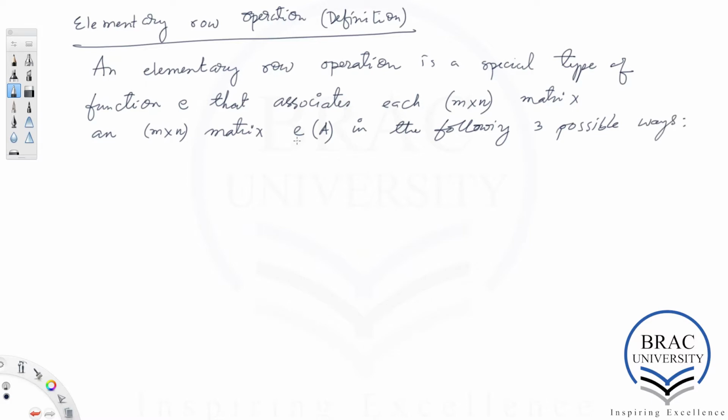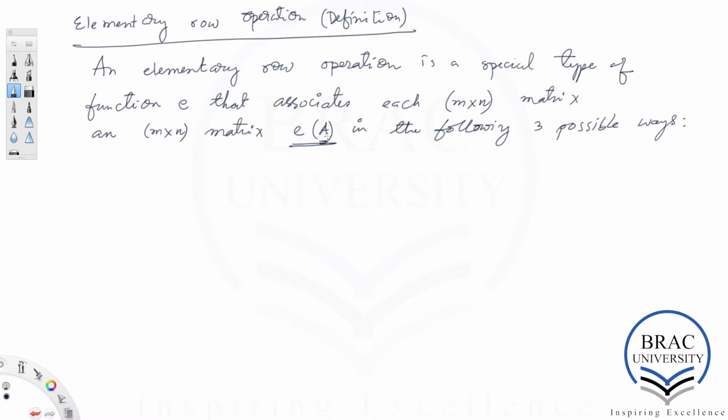Okay, so it means that it's a function on the space of m times n matrices. A is an m times n matrix and E is a function acting on this space of all m times n matrices, and the resulting matrix E of A is also an m times n matrix over the field F.